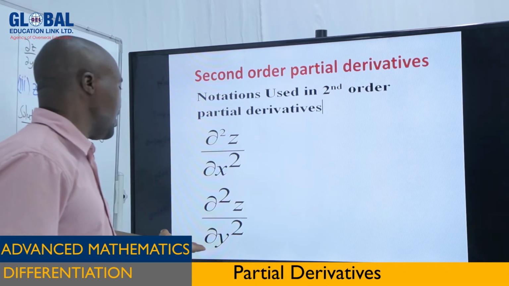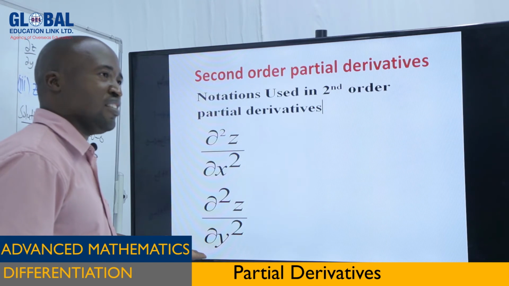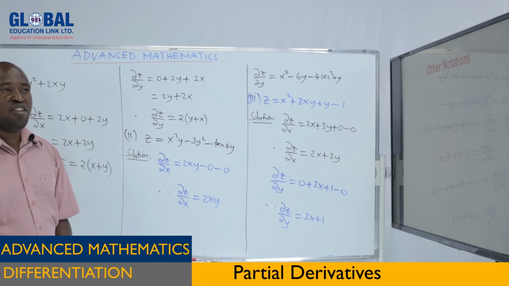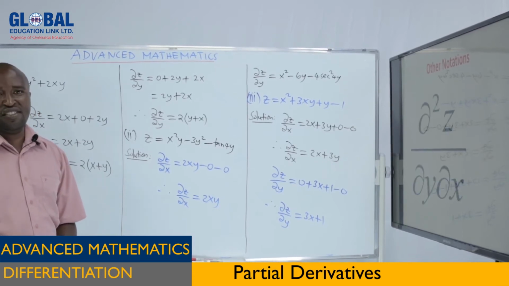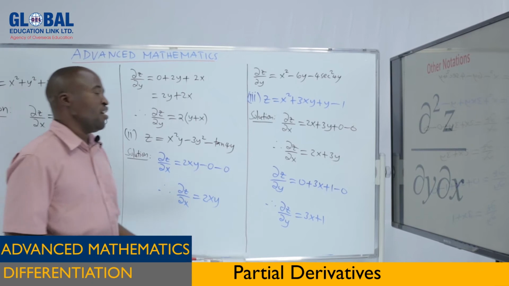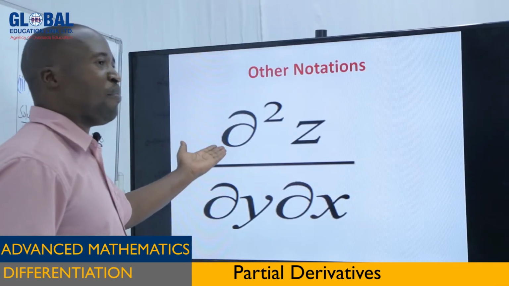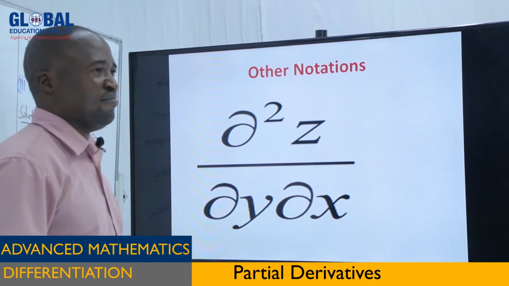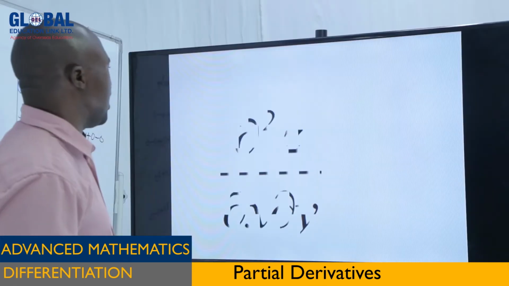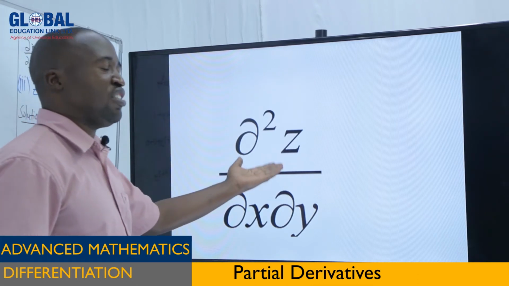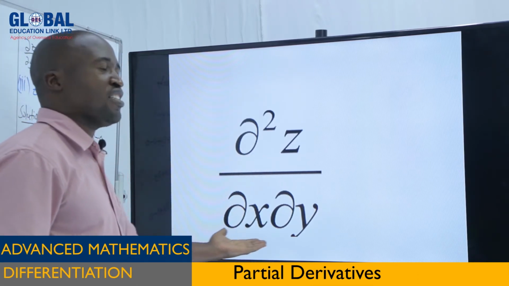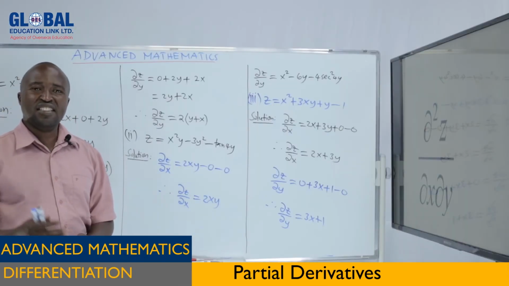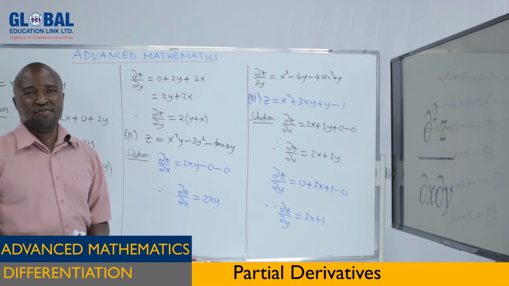But in the second case, x is constant. But again, we have other notations for second order partial derivatives. And the first one, we have second order partial derivative of z with respect to y and x. And the second one, we have second order partial derivative of z with respect to x and y. So these are the notations used in second order partial derivatives.